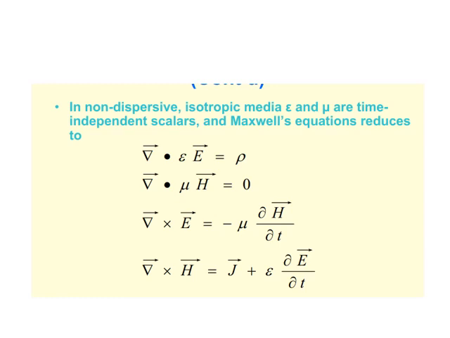That is minus mu dou H by dou t. Another equation is del cross H is equal to J, which we have seen earlier, and current density is equal to sigma into E, conductivity times electric field, plus epsilon into dou E by dou t. So this is another differential form of Maxwell's equations.